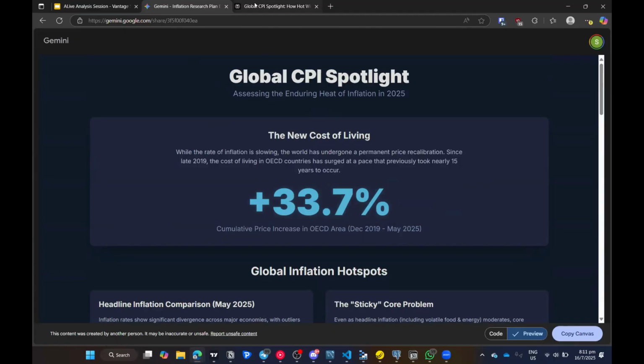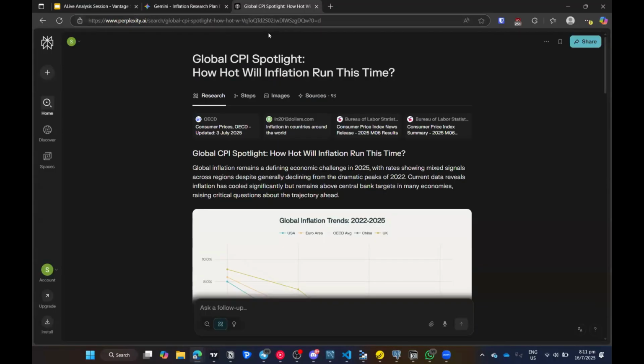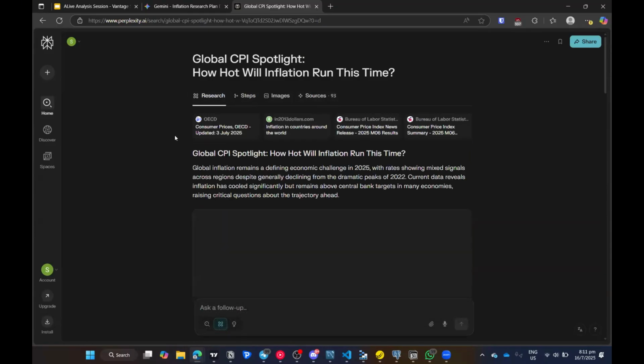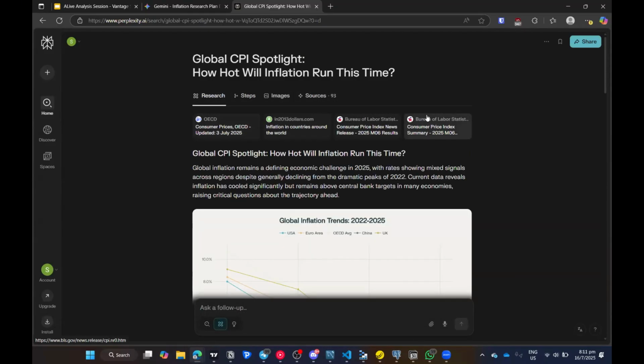So the other one that I like to use is Perplexity AI, which is trying to replace Google search. Apparently they have a very comprehensive research tool. Same thing, you can look at today's global CPI spotlight. It shows you the steps, it shows you the sources, right? Just to make sure that all of this is from reliable sources.